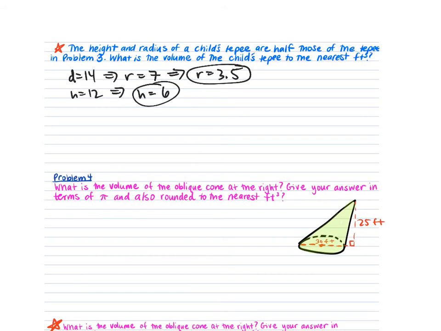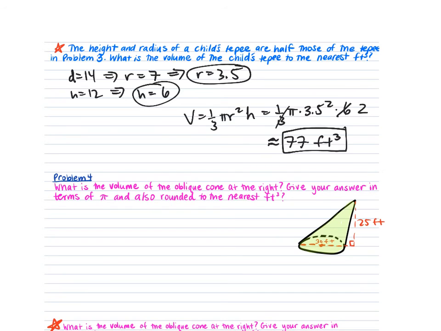Actually, this is one you're supposed to be solving on your own, so I did the hard part for you. What is the volume of the child's tepee to the nearest cubic foot? Try this on your own. I've already started it for you, and check back for the solution after you push pause. All right, hopefully you got 77 cubic feet. I'm just going to plug that into this formula.